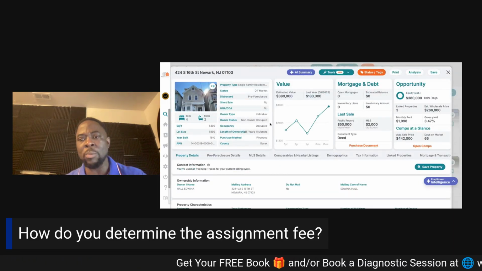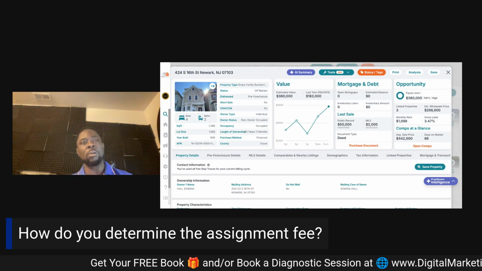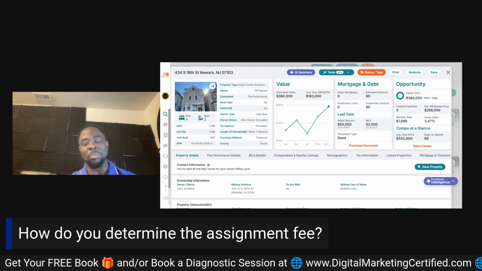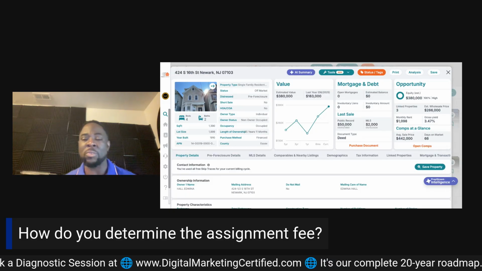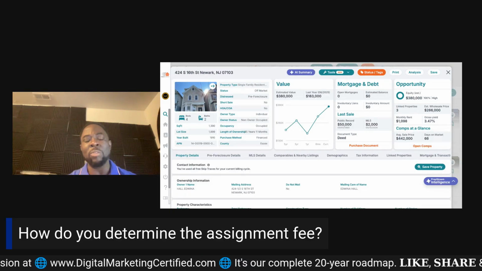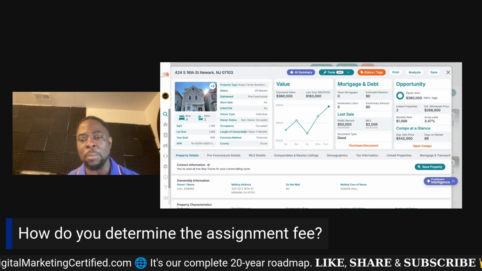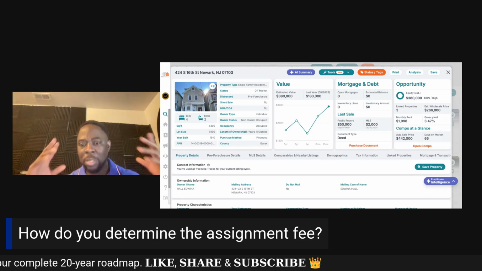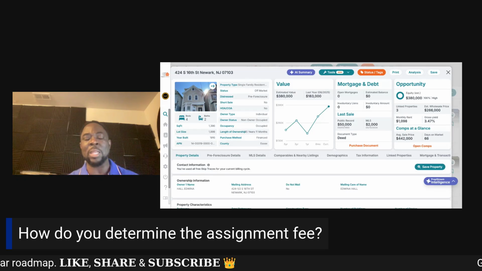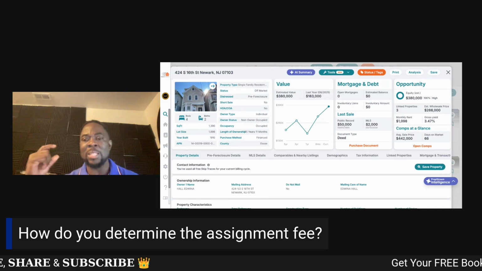So how do you determine what the assignment fee is? You already know, hopefully, that you're trying to determine a maximum allowable offer. So you're looking for the after repair value of a piece of property, like if it's completely repaired and in good enough condition where you can sell it on a regular market, it has a value to it.